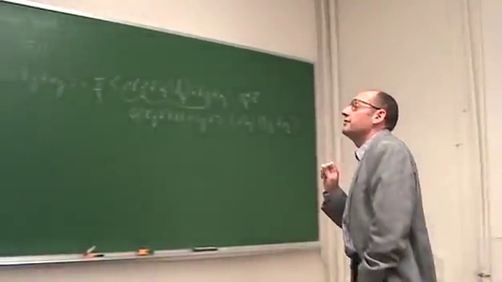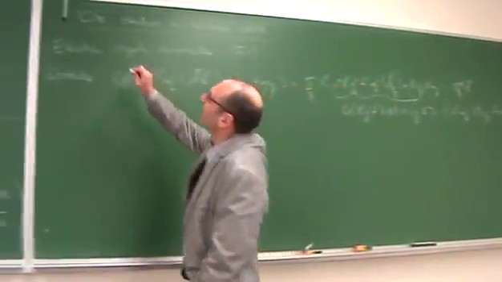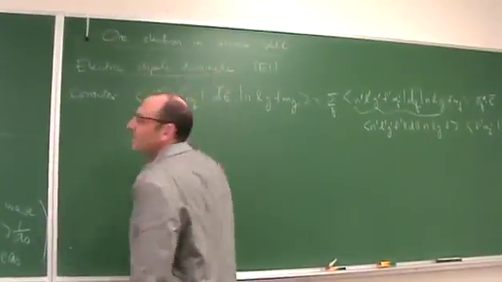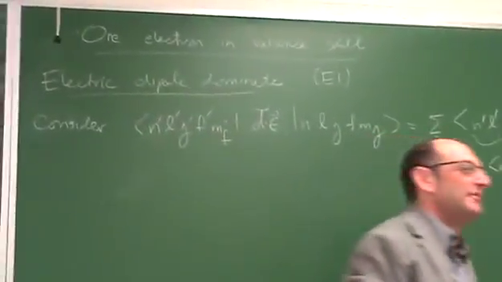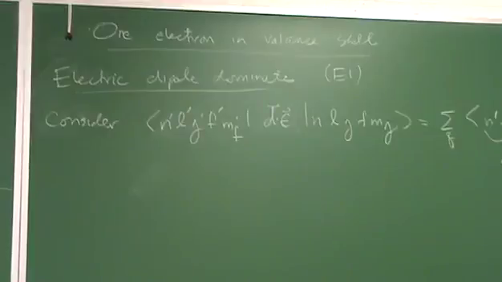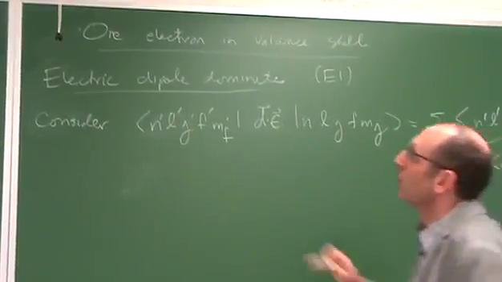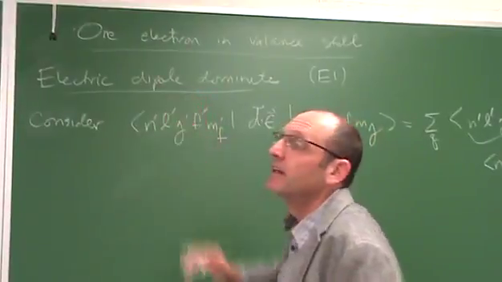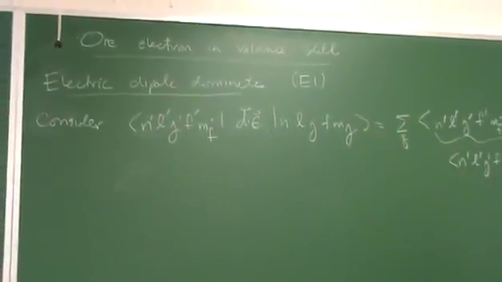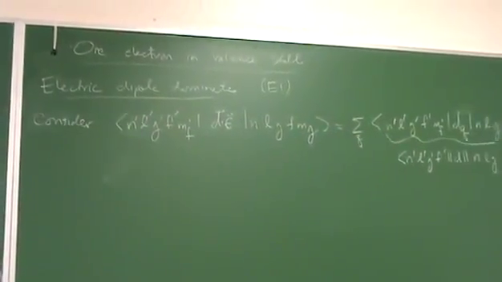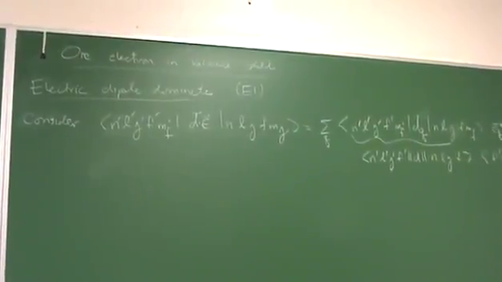The dominant effect, and what one typically thinks about as the allowed transitions, are the ones that are allowed according to the selection rules for absorption or emission via the electric dipole interaction. Okay?